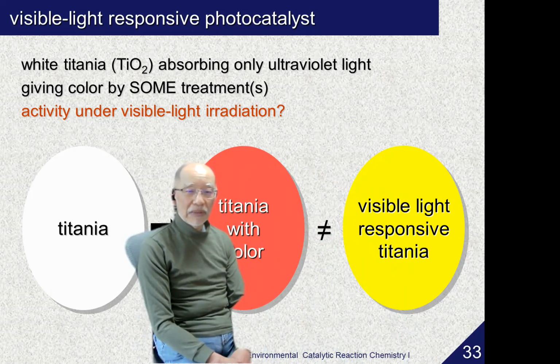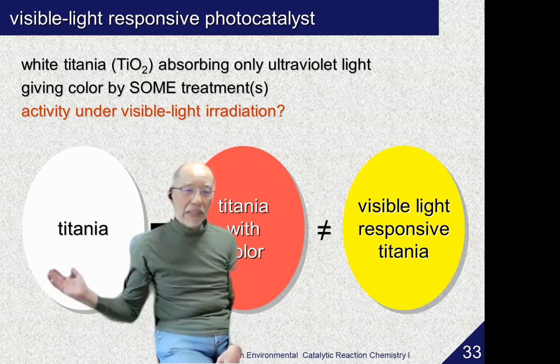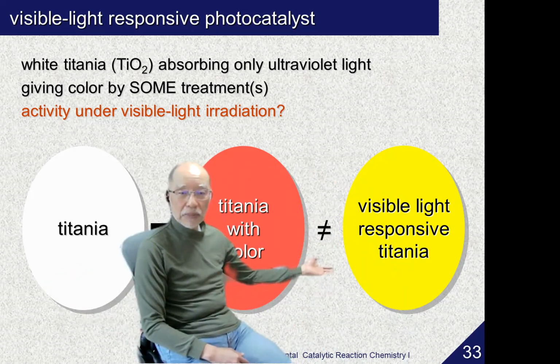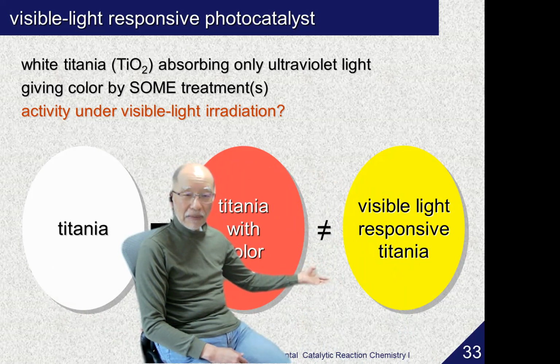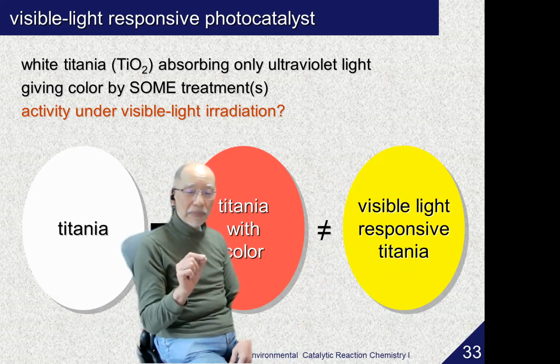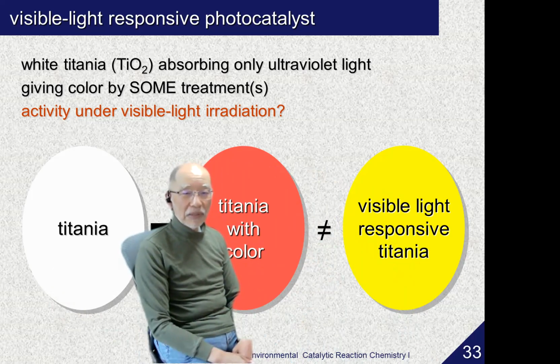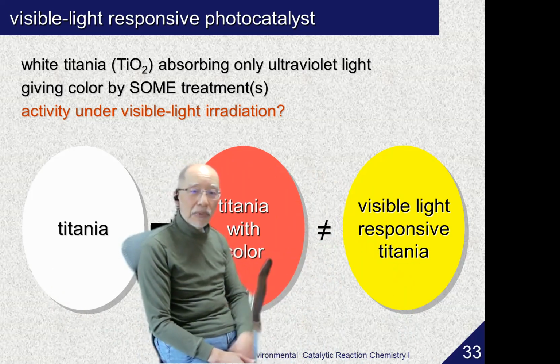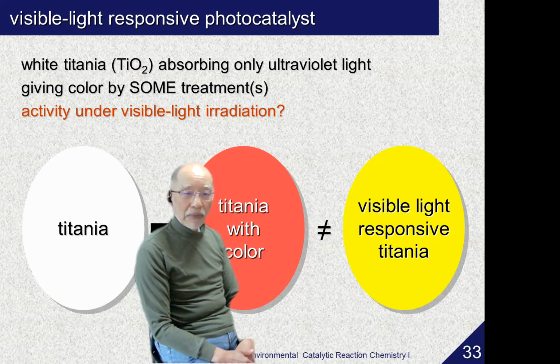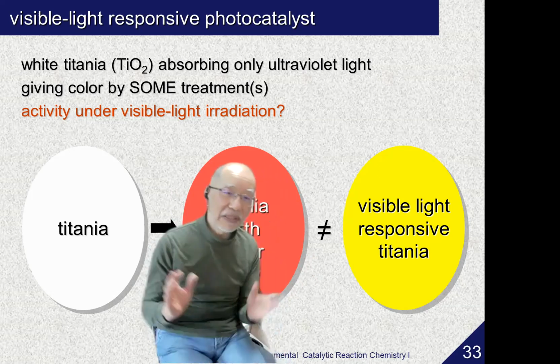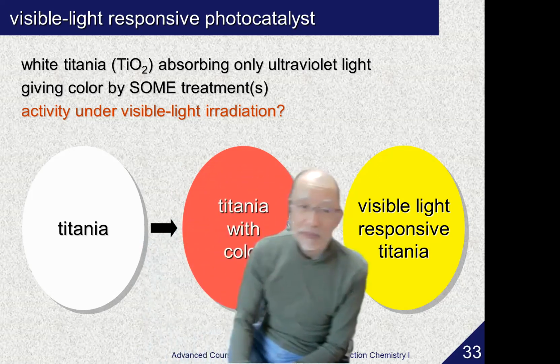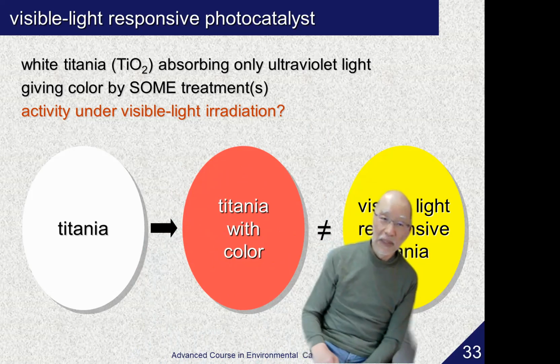To make visible light responsible titanium, it is necessary to give color to titanium, but this is only one necessary condition. Even if the titanium has color, that cannot be said to be responsible for visible light. This is very easy logic that many people misunderstand.